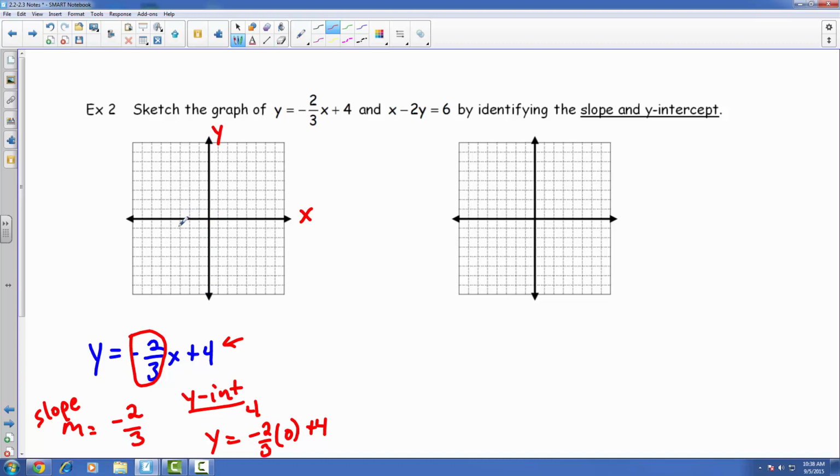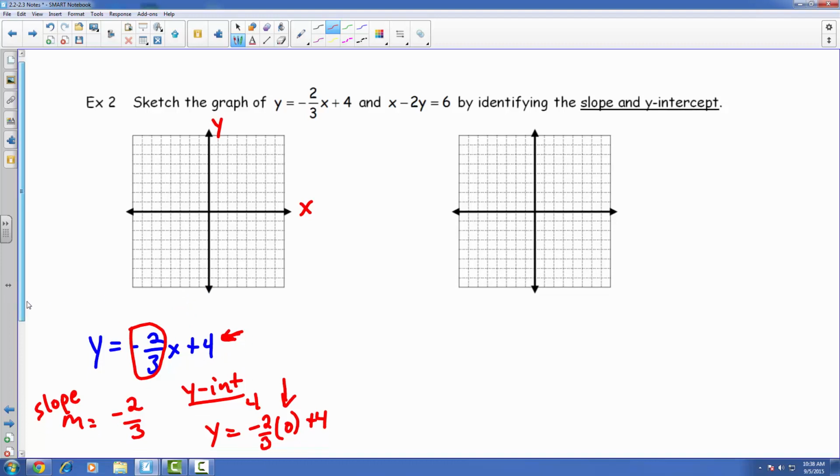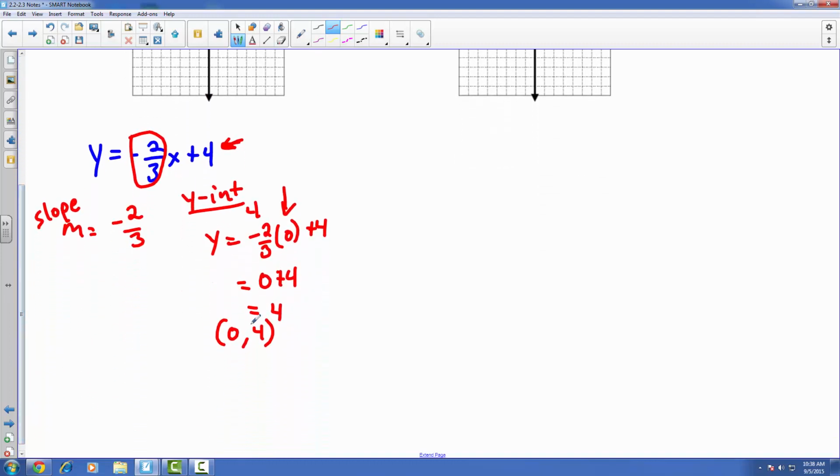You're not moving left or right for x. That's why we can throw in 0 for x and determine the y value, and it will just come out to be that last number anyway. So for y equals mx plus b, the y-intercept is 0 and then whatever that last number is, in this case 4.